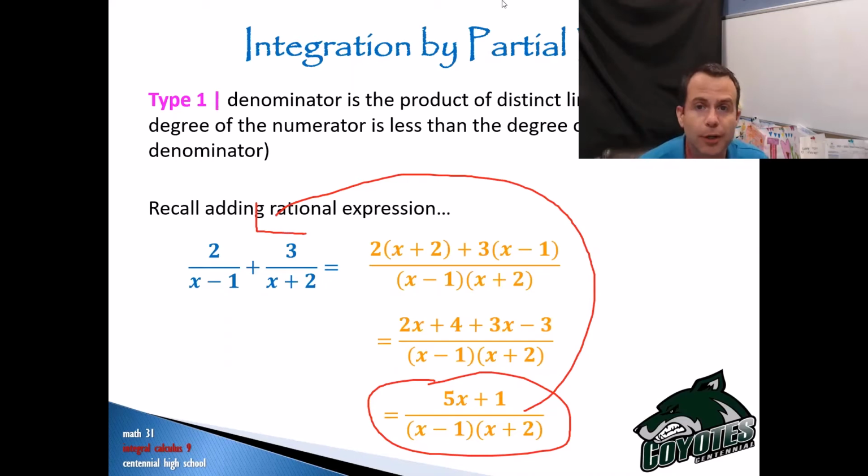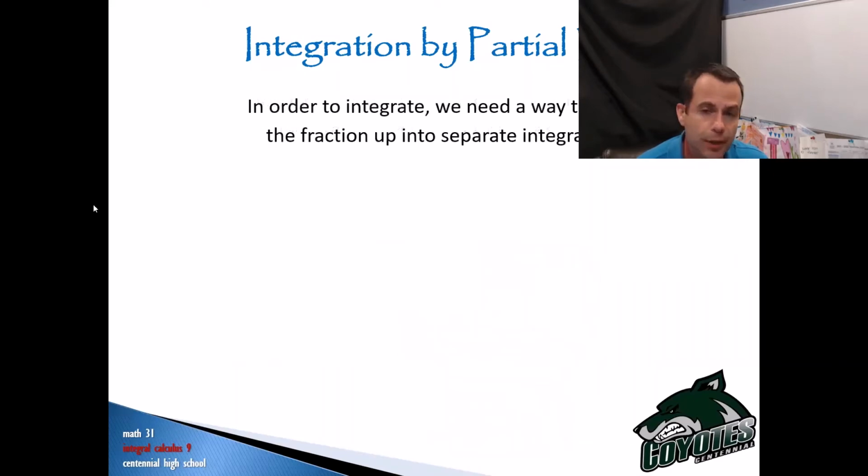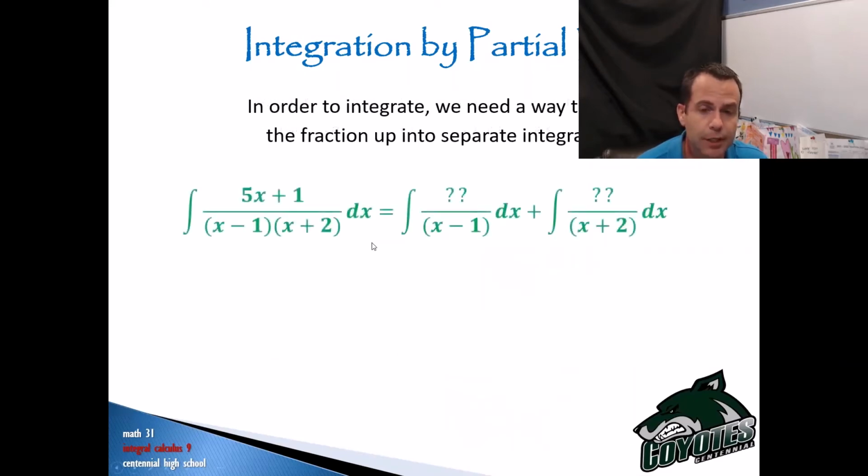So that's what I kind of want to look at. All right, so here's what we do. In order to integrate, we need a way to split the fraction up into separate integrals. So somehow we want to take 5x plus 1 over x minus 1 times x plus 2 and split it into something that's over x minus 1 plus something that's over x plus 2, okay?